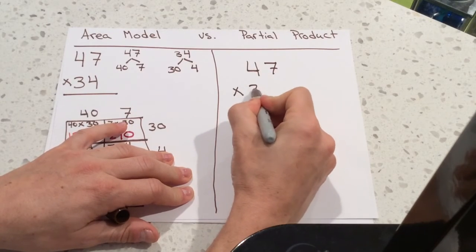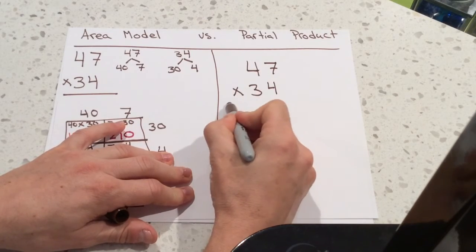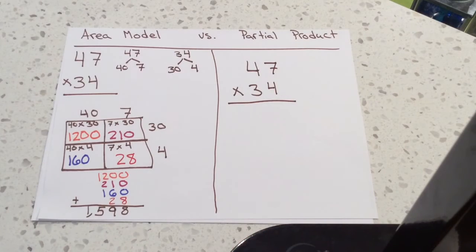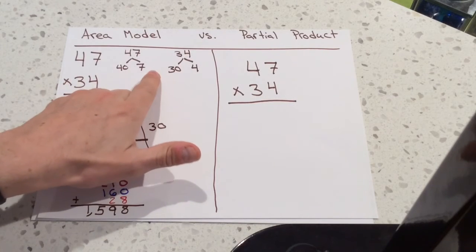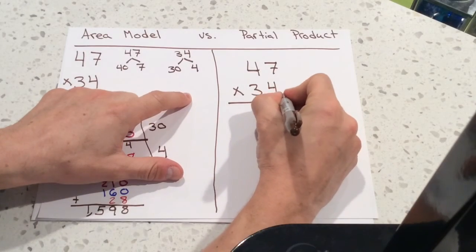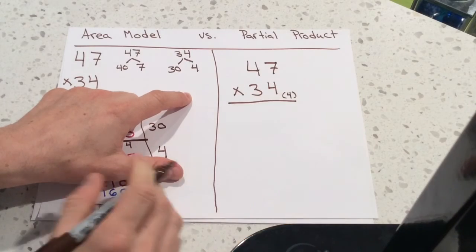47 times 34. Now, two important concepts to remember with partial product is we want to make sure that we record the values of each of these digits. Very similar to what we did over here. So the value of this 4 is 4.